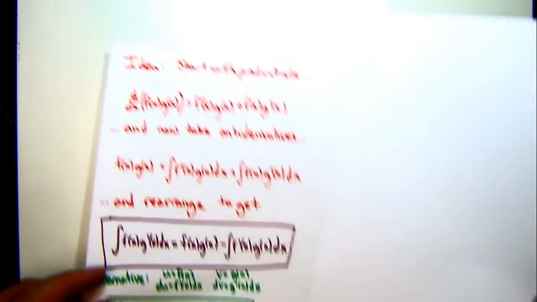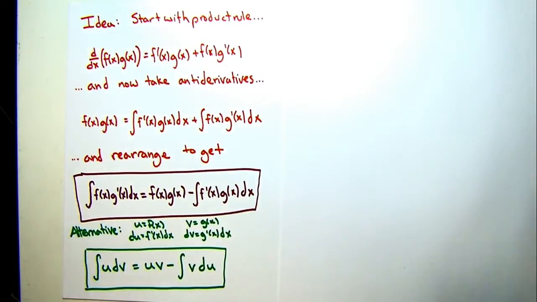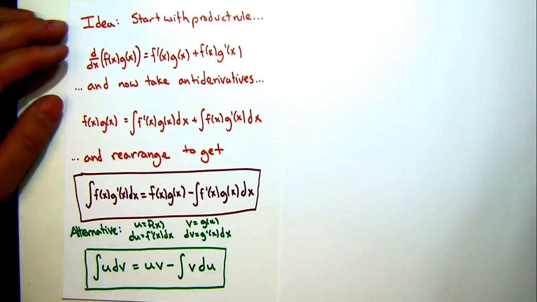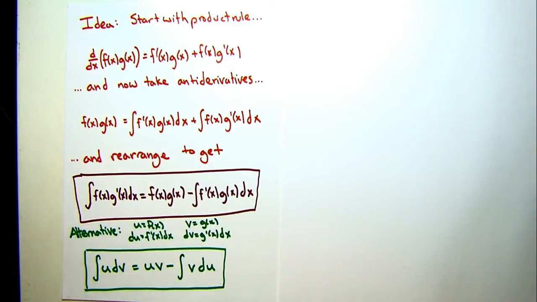Okay, so what's the idea? Well, it's fairly straightforward. We start with the product rule. The derivative of f of x times g of x is f prime of x times g of x plus f of x times g prime of x. And now, take antiderivatives. You'll notice on the left, the antiderivative of the derivative, well, that's pretty straightforward. That's just a function again, f of x times g of x.